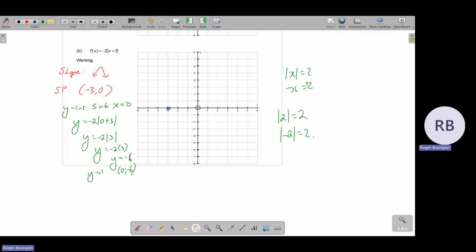Should we write the equation next to the graph? You only really have to do that if there's more than one graph on the same set of axes. So it goes through 0, -6. The salient point is at -3, 0. And that's it, really.